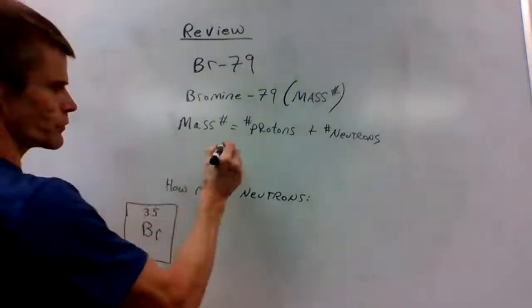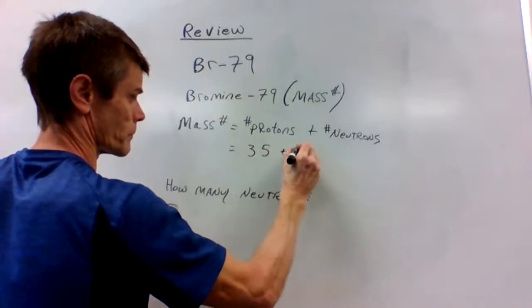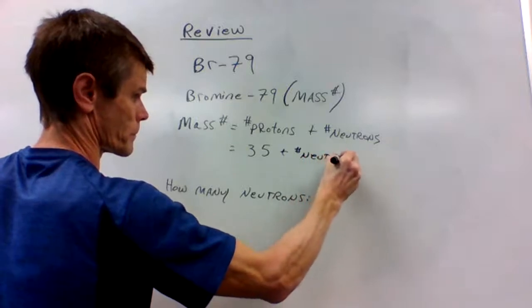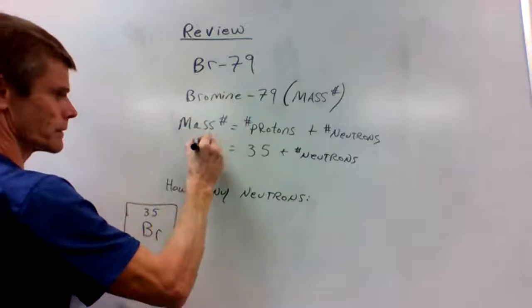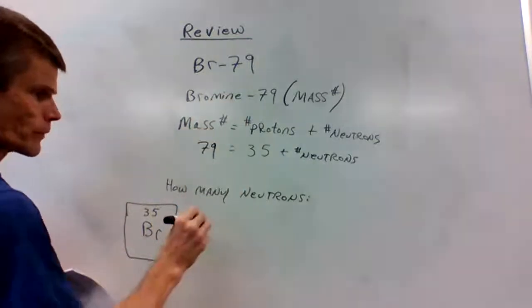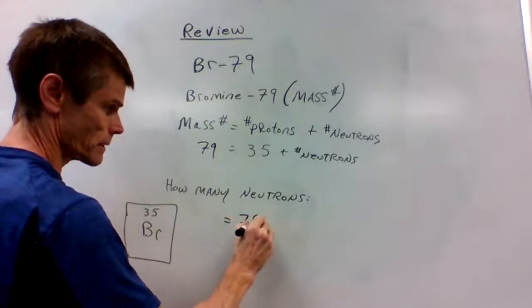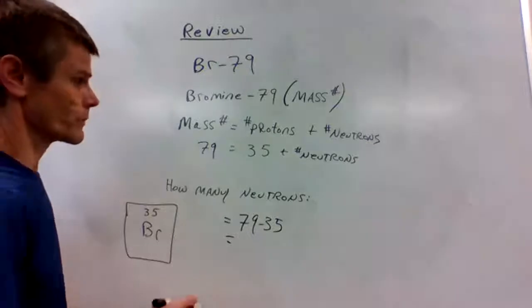Well, that's the number of protons. The mass number is listed here. So the number of neutrons, 79 minus 35, and that's 44.